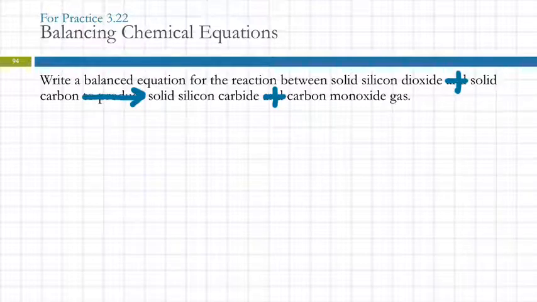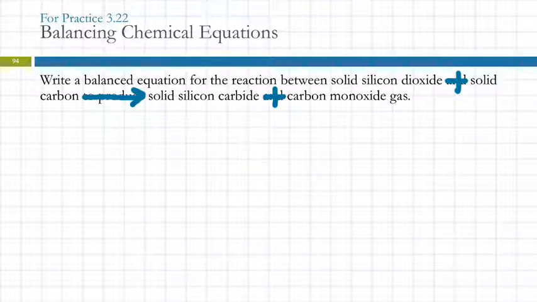So we need the formulas for our 2 reactants, silicon dioxide and carbon. What kind of an element is silicon? Metal, non-metal, or semi-metal? It's technically a semi-metal, but it's on the non-metal side. Your book never talks about what to do with the semi-metals. My observation is that if the semi-metal is on the non-metal side, for nomenclature, treat it like a non-metal.